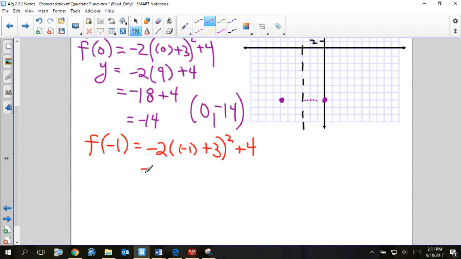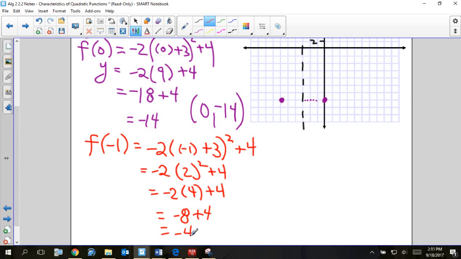Then I do order of operations. So I do the parentheses first. Then I square. Then I multiply. And then I add. Ordered pair is negative 1, negative 4.